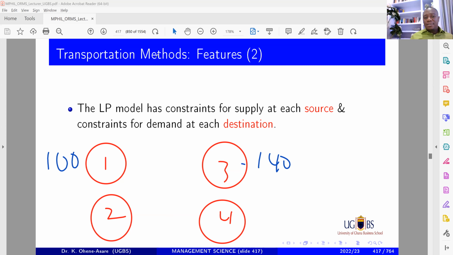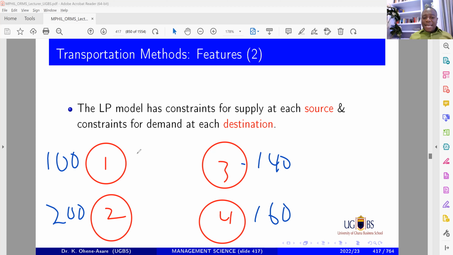From node 1, it is 200. But node 3 is also expecting some goods, but then the total number of goods that it is expecting is 160.